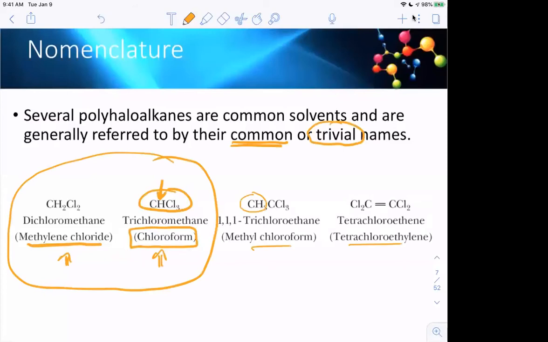The other one would be CCl4, which is called carbon tetrachloride. We use this a lot, but this is actually the IUPAC name. Actually, it's not. This would be another one that has a common name that we're going to use all the time.